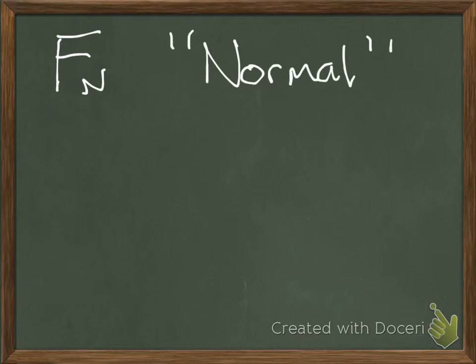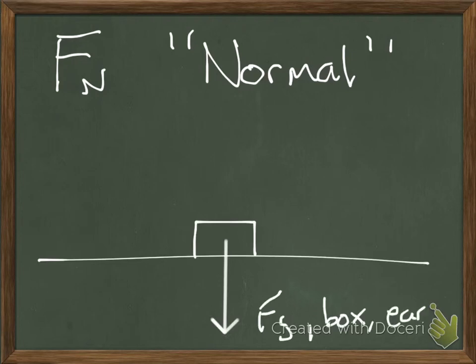This last one that you'll see often is one that you may not be familiar with, and it's called the normal force. All this means is it's normal to a surface. And in math, what that means is it's perpendicular. So let's draw a box.